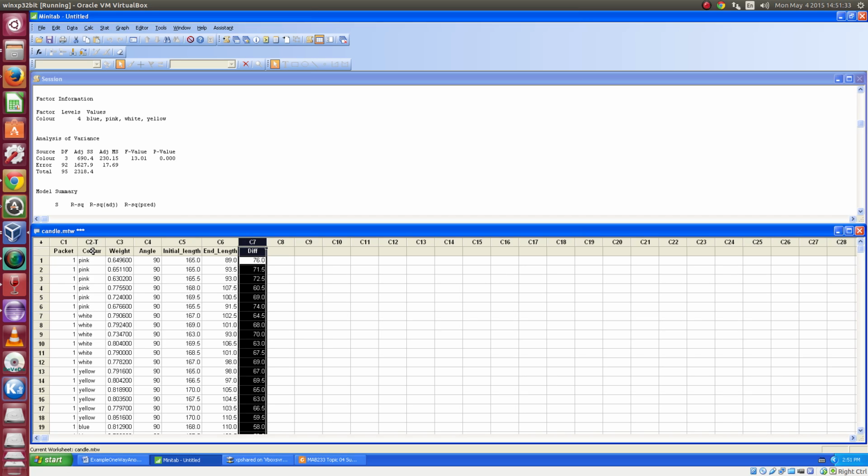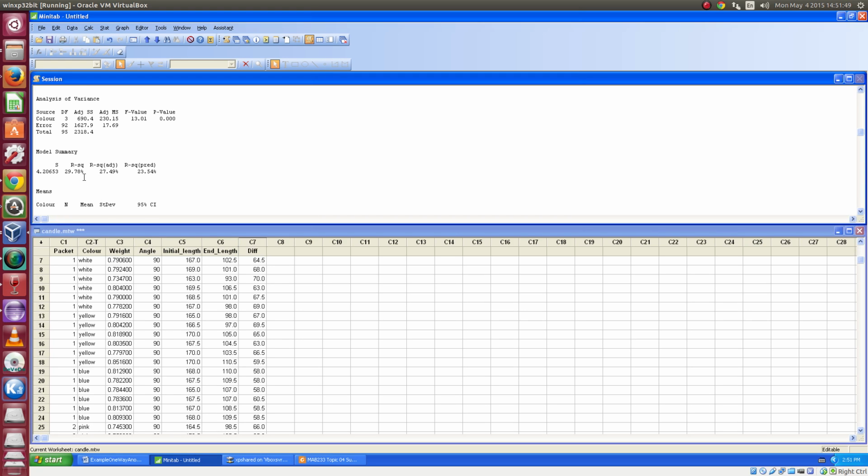Now, if you include another variable into the mix, in terms of measuring the performance, the worst it can do is give you no extra value. So what I mean by that is, let's just say we went from just including color and we add a packet into it. The worst thing that the packet can do to the R-squared value is it can just contribute nothing. So it can just have no change whatsoever. It can never reduce the R-squared value. Or, sorry, it can in some special cases.